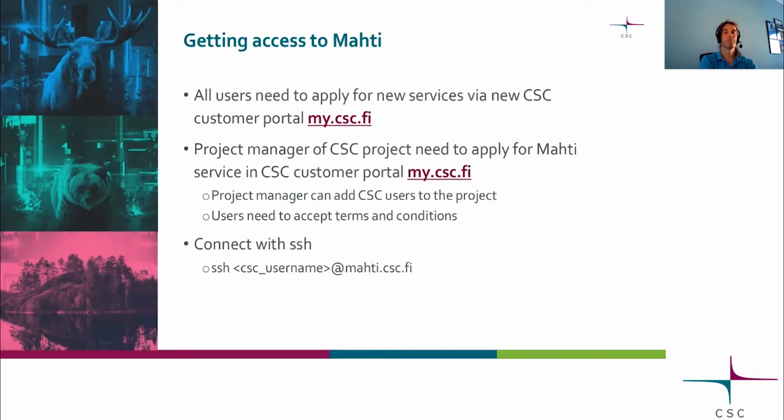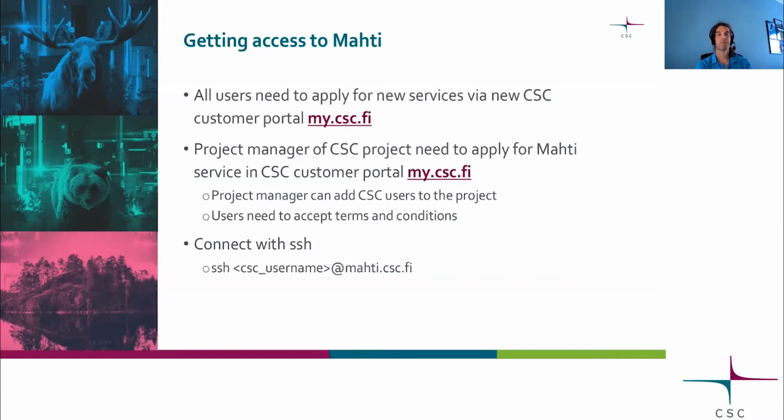First thing, of course, you need to get access to Mahti, and as with all CSC services, you can do that via our customer portal, my.csc.fi. If there is already an existing CSC project, the project manager can just apply for the Mahti service there, and the participants of the project, after that, still need to accept the terms and conditions for Mahti usage in order to actually be able to log in.